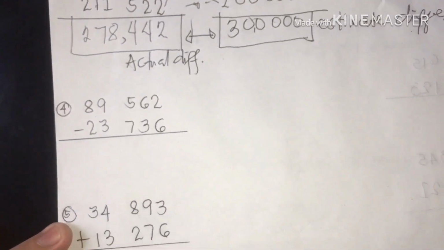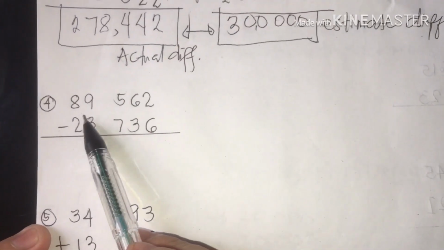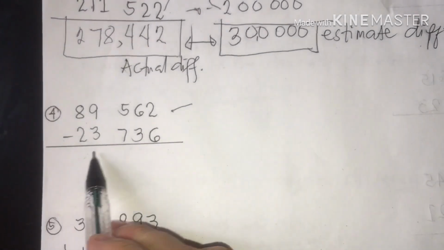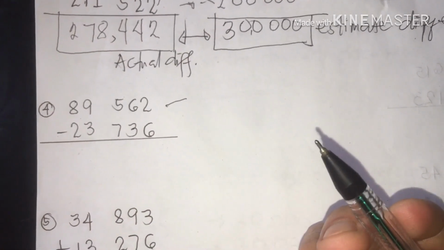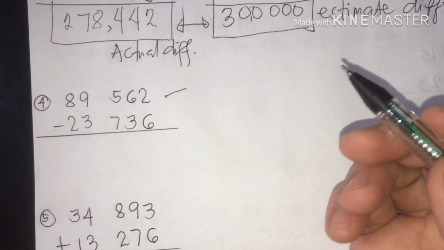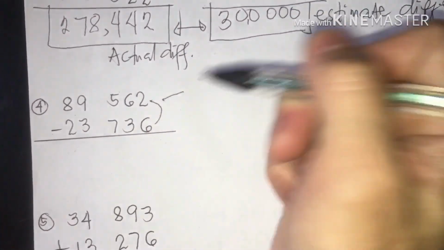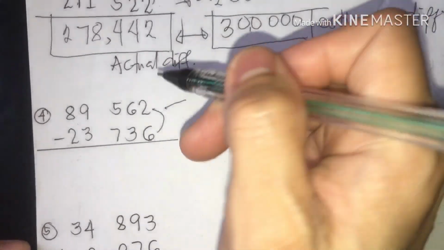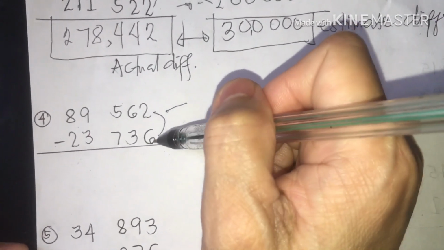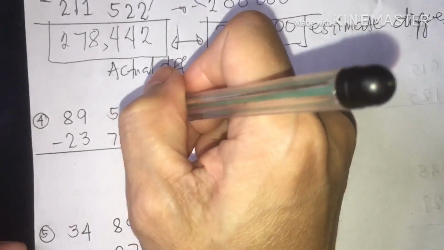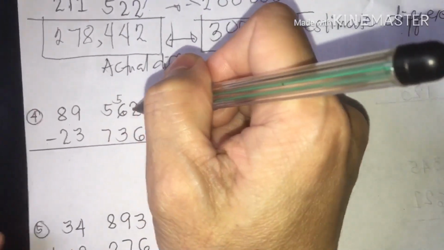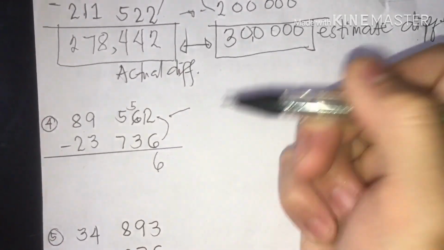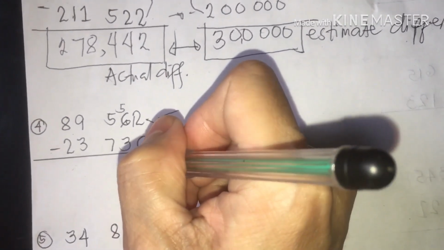Next, we're going to proceed to number 4. Our given equation is 89,562 and 23,736. So we're going to find first the actual difference by solving it. Please follow, guys. 2 minus 6. So remember, we need to clarify, my dear viewers, that 2 cannot be subtracted, so we will borrow from 6. 6 becomes 5. There are certain cases like this. So we're going to bring down 6. 5 minus 3, 2.